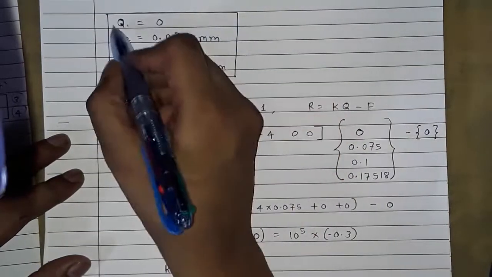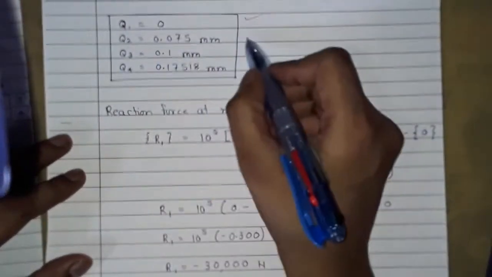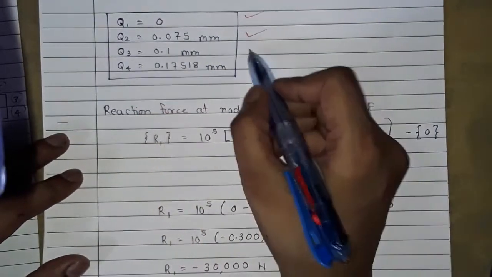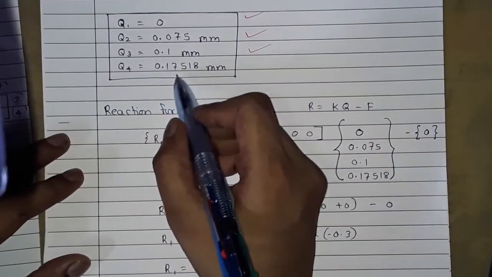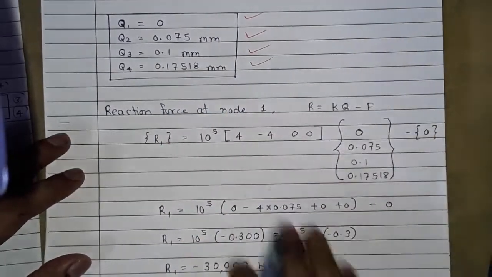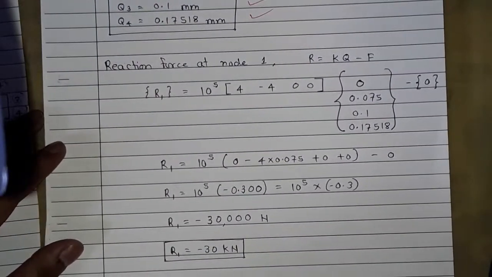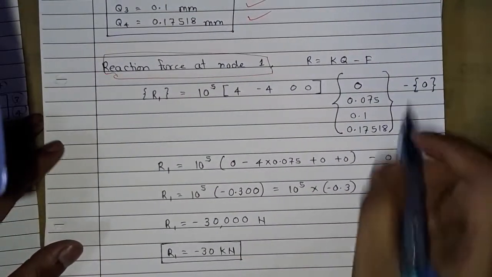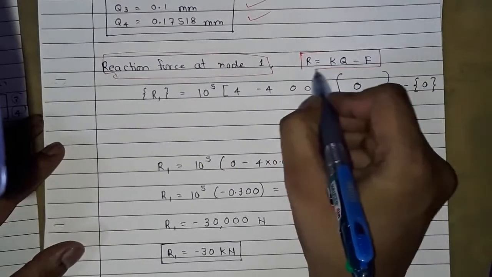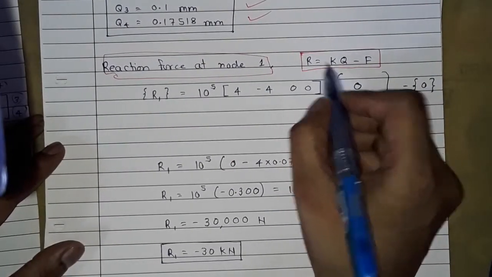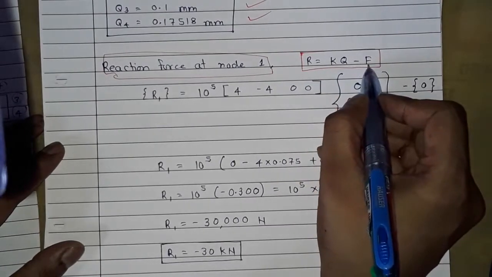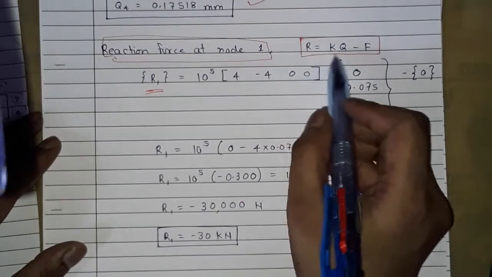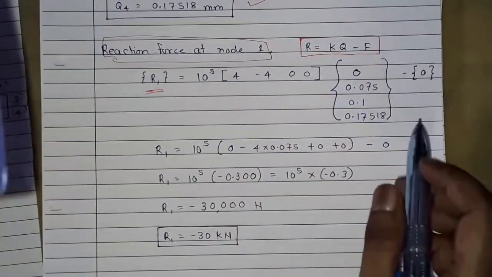As we know, q1 is 0. We got q2 as 0.075 mm, q3 is 0.1 mm, and q4 is 0.17518 mm. Now let's find the reaction force at node 1, using the common equation R is equal to KQ minus F. Here for R1, we will take the value from the global stiffness matrix.